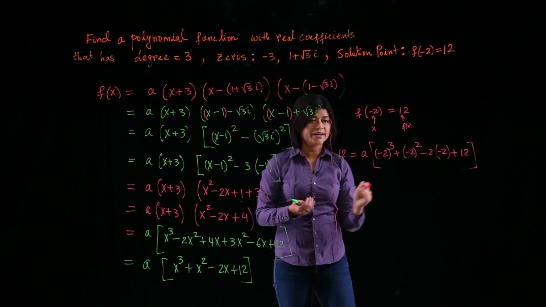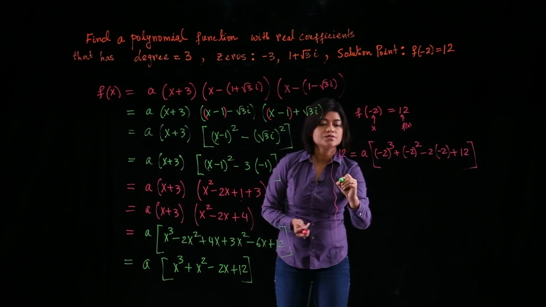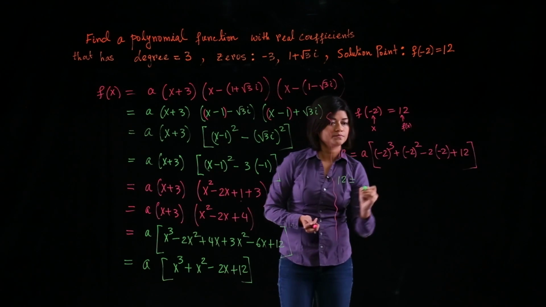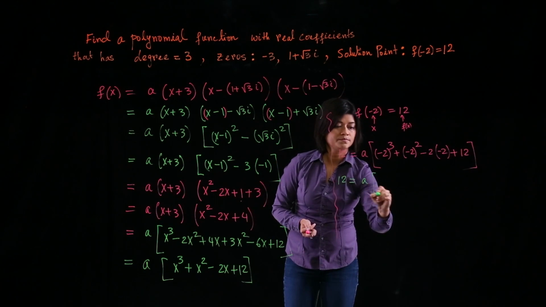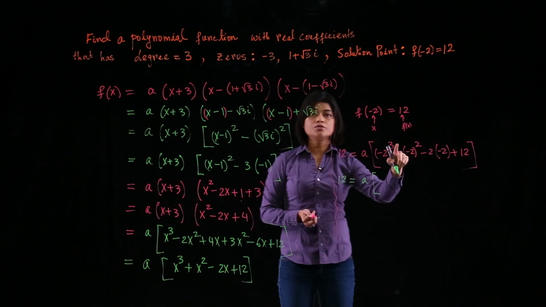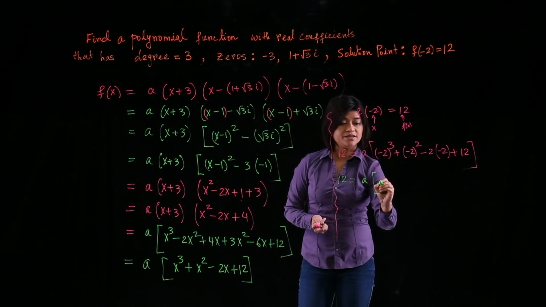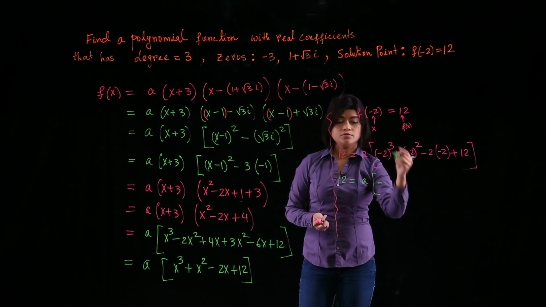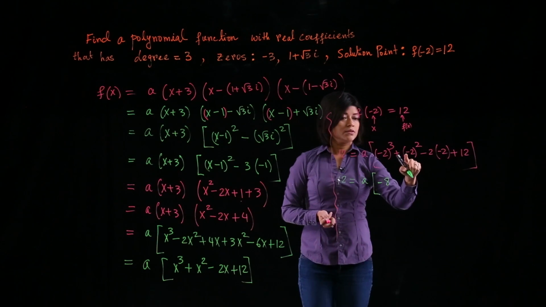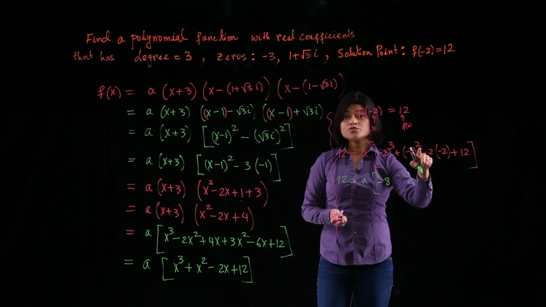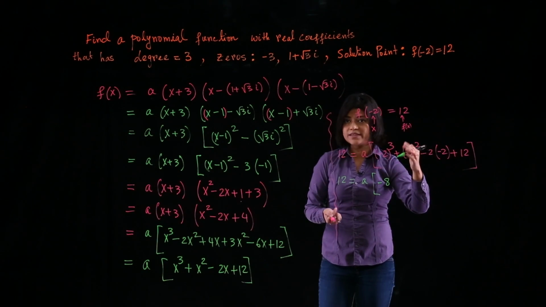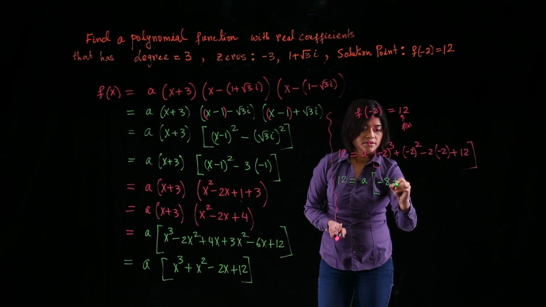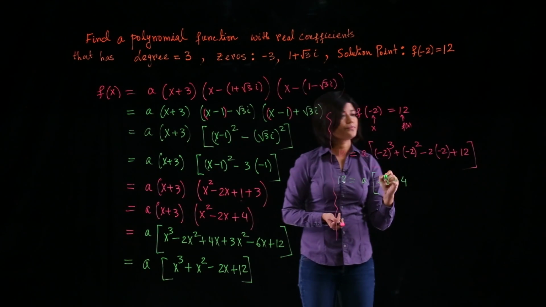Be careful with all the negative signs. Negative 2 cubed will be negative 8. Negative 2 squared is positive 4.